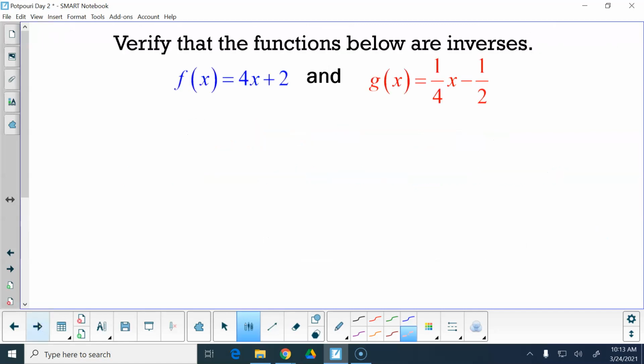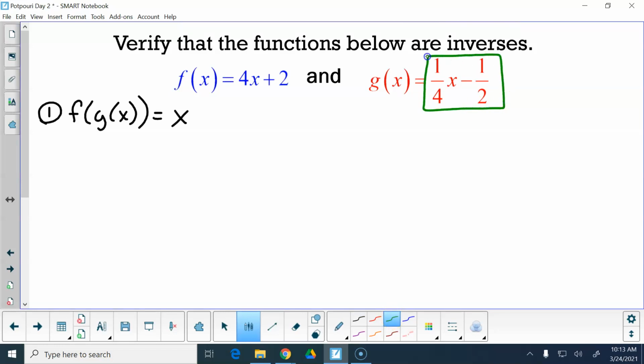Okay? So let's try one. Verify that the functions below are inverses. First off, I have to show that f of g of x is equal to x. So I have to take g of x and put it in for x in f.